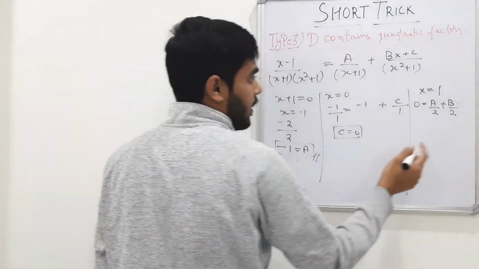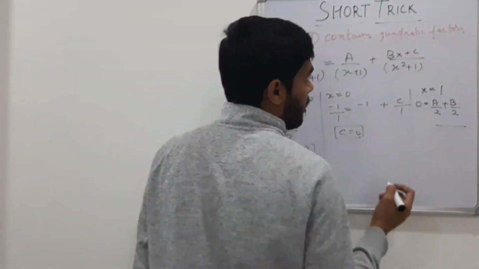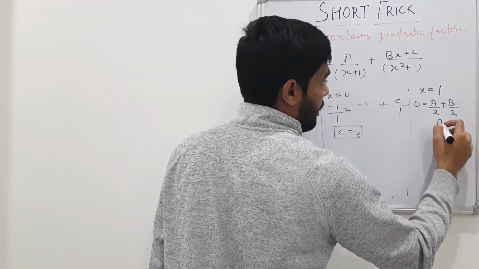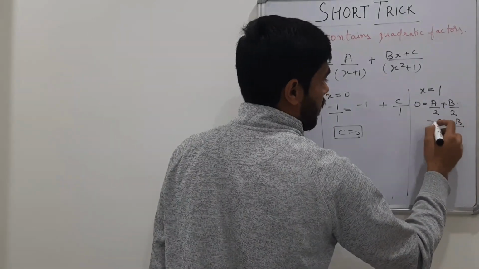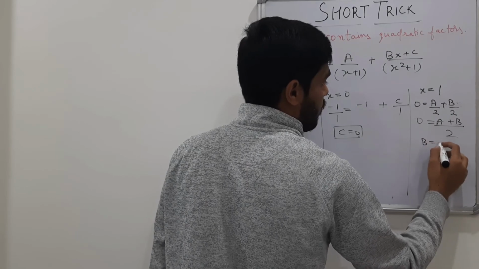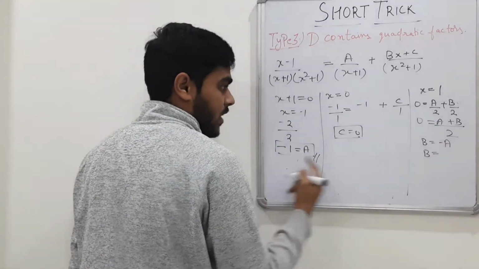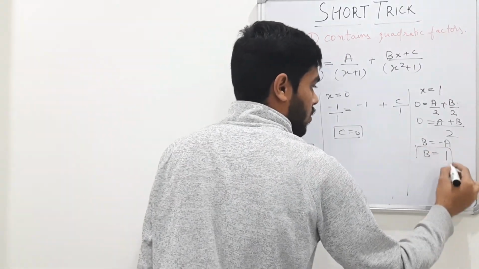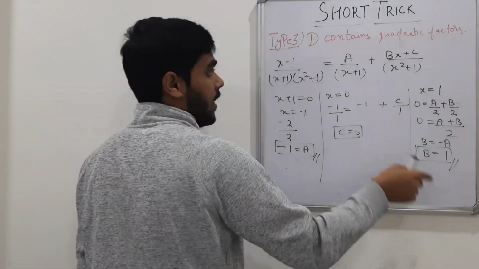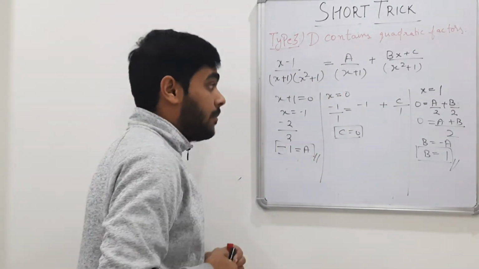So B value will be thus A upon 2. So 2A plus B. So now 2 will become 0 and B will be equals to minus A, and this A is minus 1, so it will become 1. So now you will replace A, B, C value with this and thus your answer is now done.